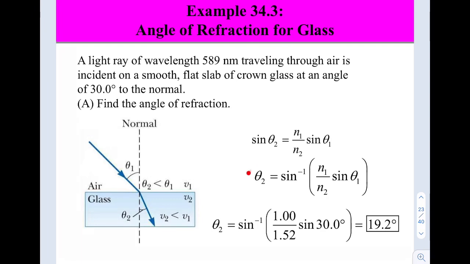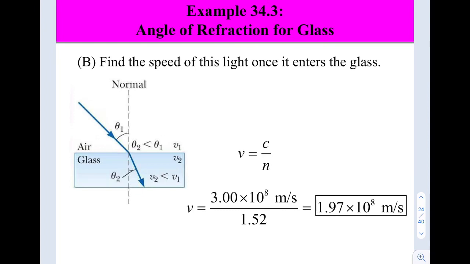Our interest is to solve for theta 2 given theta 1. It is moving from air to glass, and the refractive index of the glass, which you must find in the table in your textbook, is 1.52. So theta 2 is equivalent to 19.2 degrees.